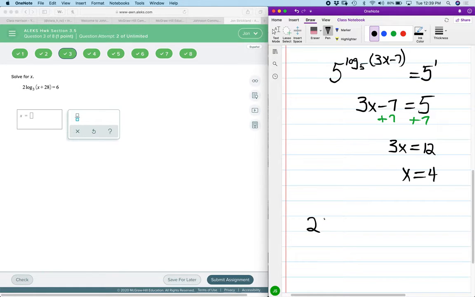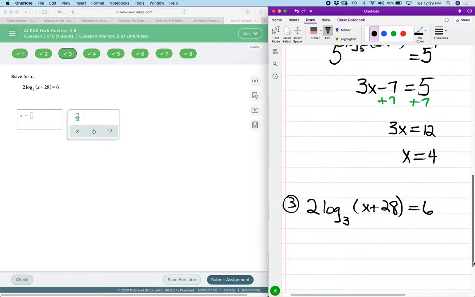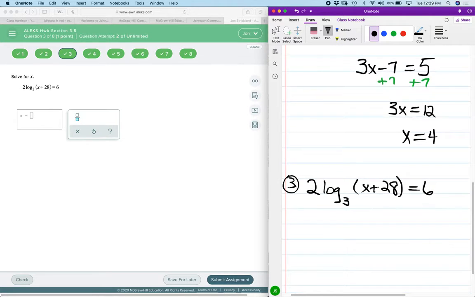Now, for problem number 3, we have 2 times the base 3 logarithm of the quantity x plus 28 is equal to 6. In this one, if you notice, you have even number coefficients on both sides, and so we can divide the equation by 2.